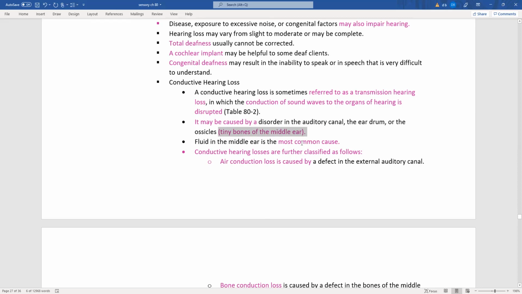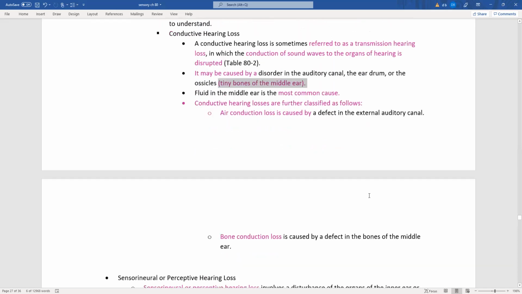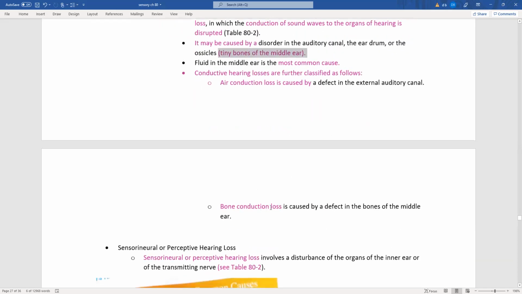Fluid in the middle ear is the most common cause. Okay. So conductive hearing losses are further classified as follows. Air conduction loss is caused by a defect in the external, meaning the outside, auditory canal. And bone conduction loss is caused by a defect in the bones of the middle ear.